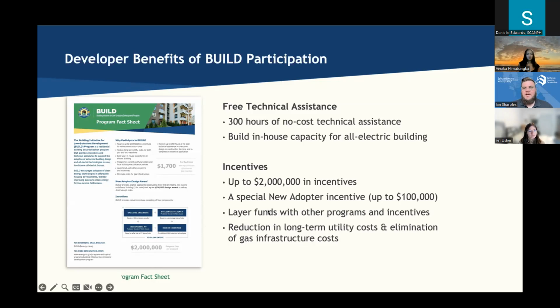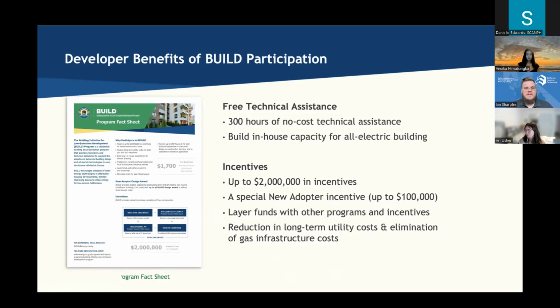There's also a new adopter design incentive of up to $100,000. If you're building your first all-electric, low-income multifamily development, you're eligible for this bonus to help defray your direct design costs that would be associated with building all-electric. And as Vedika is going to point out later, it's really encouraged to layer the funds with other programs and other incentives.